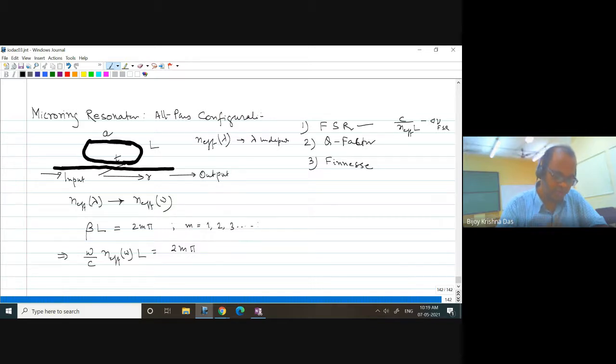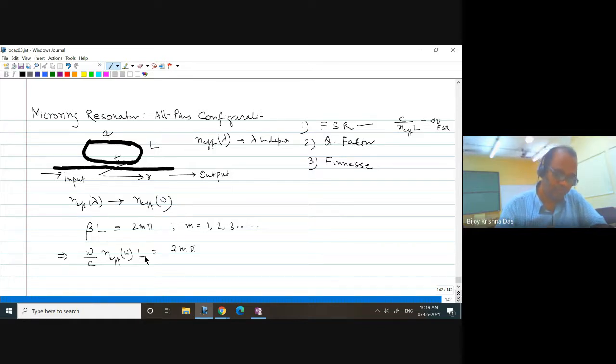So it is a discretized thing, so omega m must be discretized. You will get a particular solution for omega for a particular m value. For a given waveguide you know the frequency dependent refractive index, and L is the perimeter length.